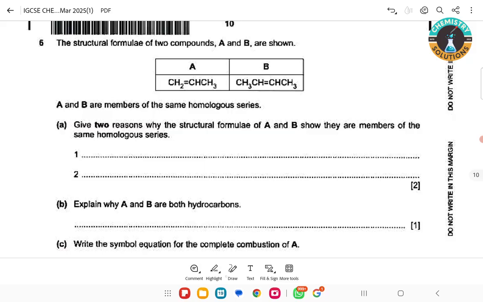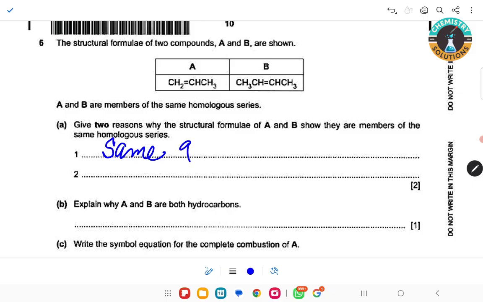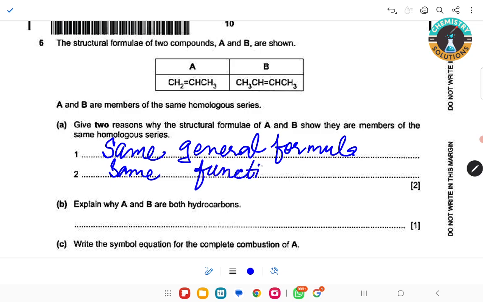They have the same general formula, both are alkenes, and the same functional group. In these two molecules, the carbon to carbon double bond shows the functional group.